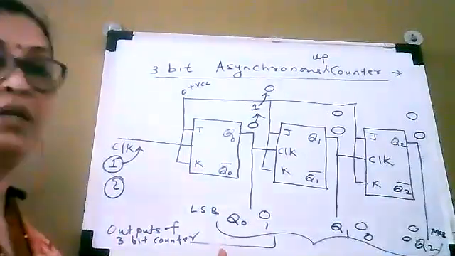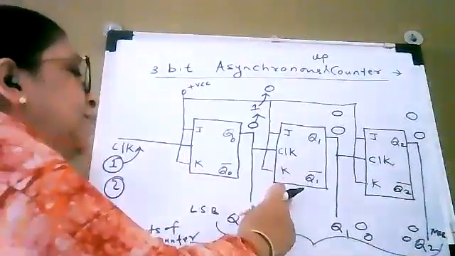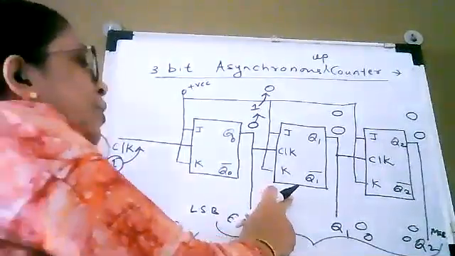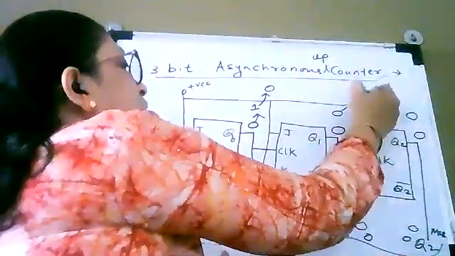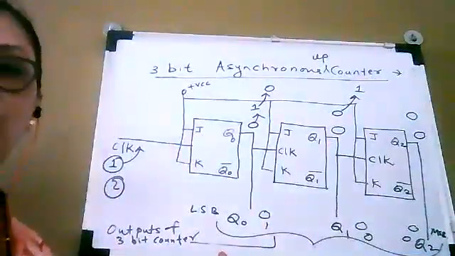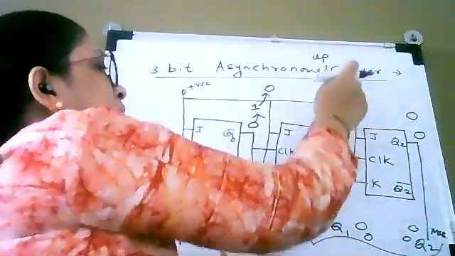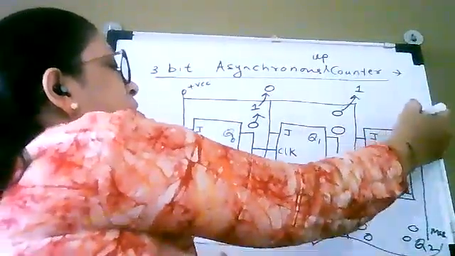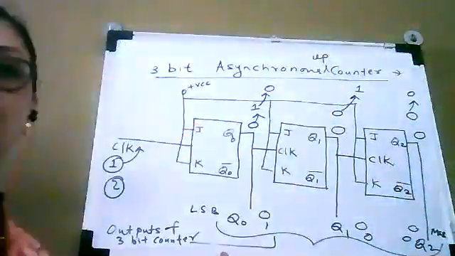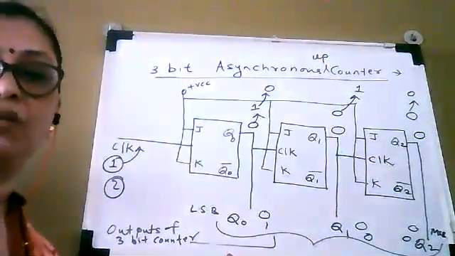As it is changing the state from 1 to 0, flip-flop number 2 will be toggled, and it is going to change the state from 0 to 1. As this is a 0 to 1 transition, flip-flop number 3 will not change the state. So the output that we are getting is 0, 1, 0.